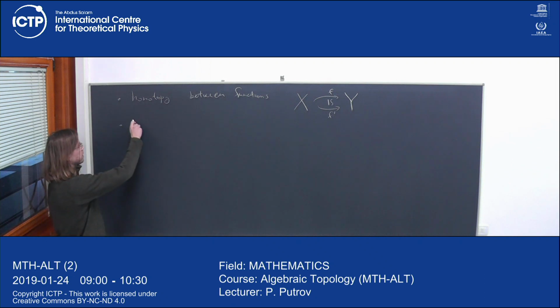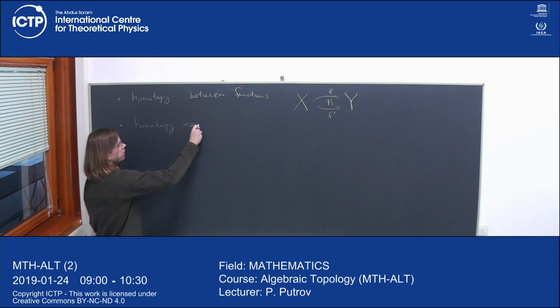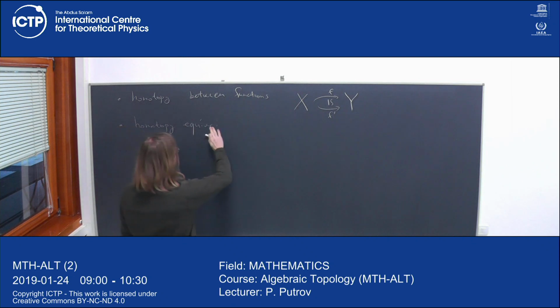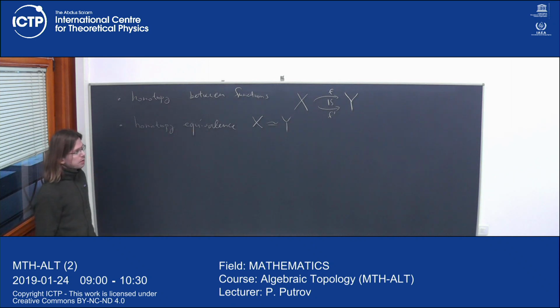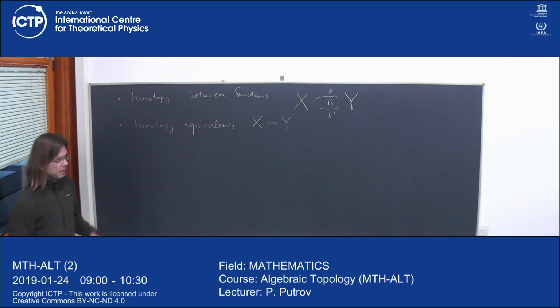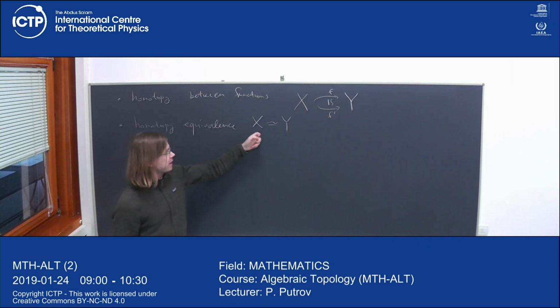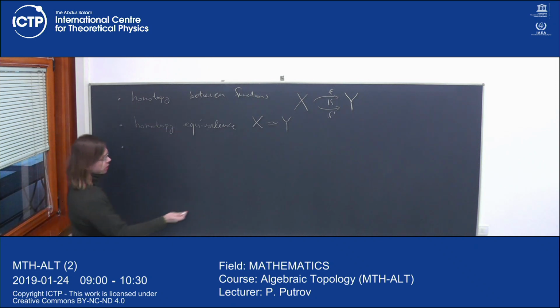And we also studied a notion of homotopy equivalence between two topological spaces, which by definition was the existence of a pair of maps from X to Y and from Y to X, so that the compositions in different ways are homotopic to either the identity on X or the identity on Y. And we also showed various properties.